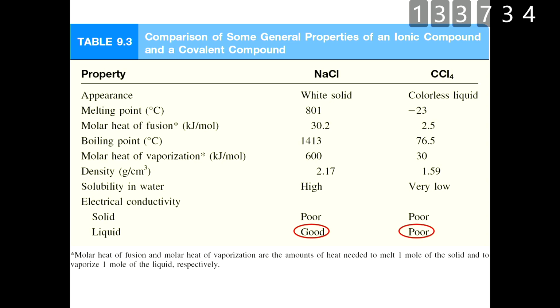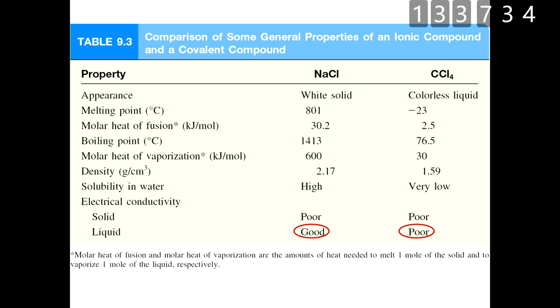So basically, we know the ionic compound has a high melting point, and also a high molar heat of fusion. Molar heat of fusion is the amount of heat needed to melt one mole of solid.